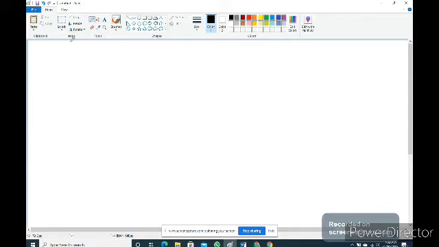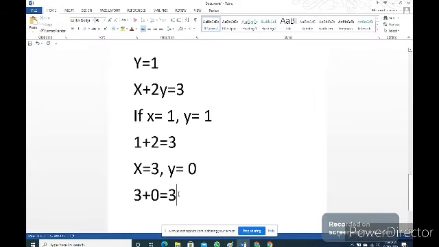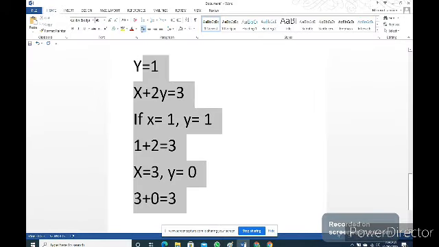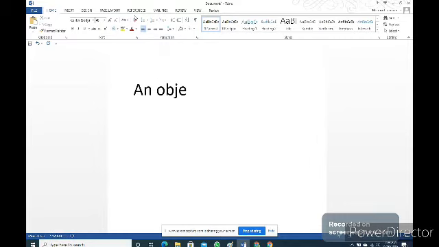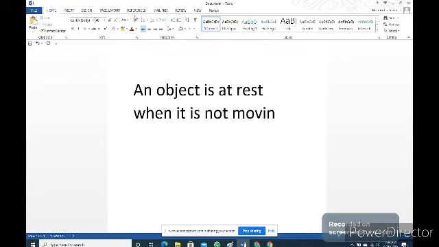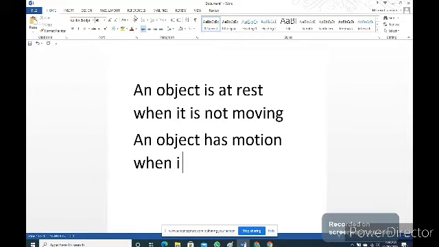An object is at rest when it is not moving. The object is in motion when it has some movement.